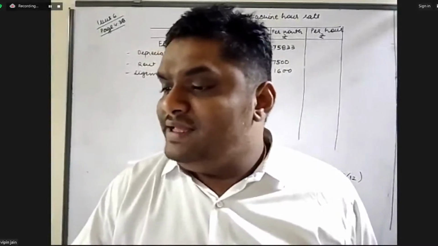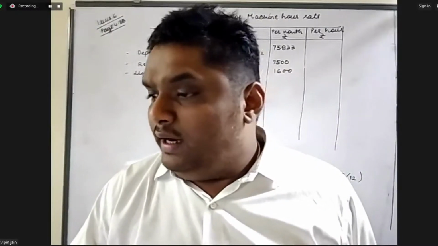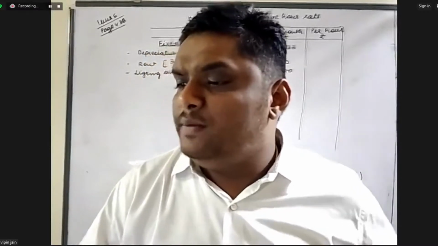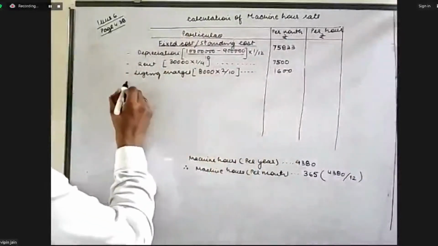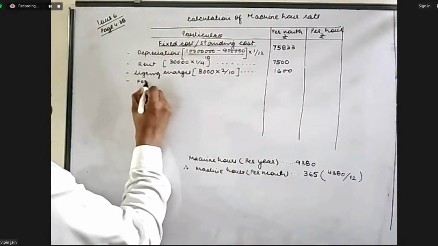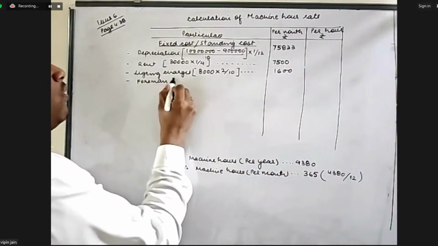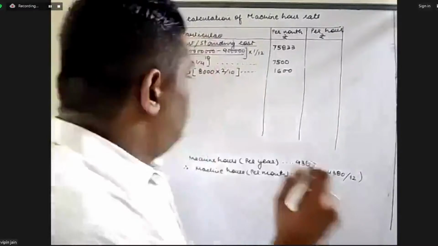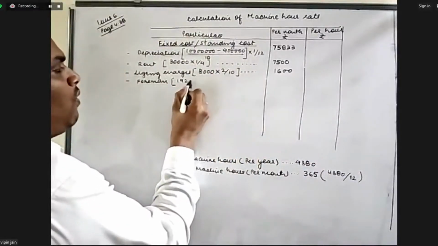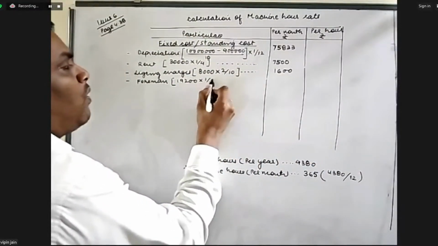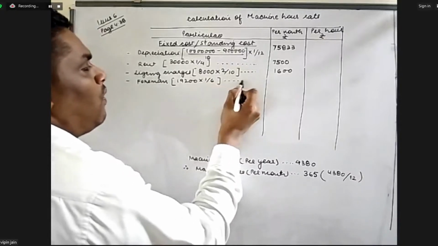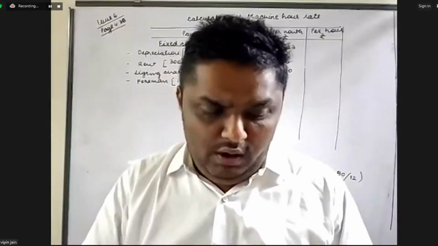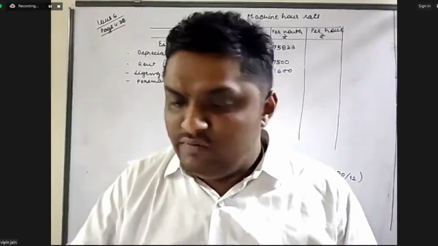Thereafter, the foreman is paid a monthly salary of 19,200, and it is given in the question that the foreman has to devote 1/6 of his time to the machine. So the monthly salary is 19,200 and he devotes 1/6 of the time to the machine.